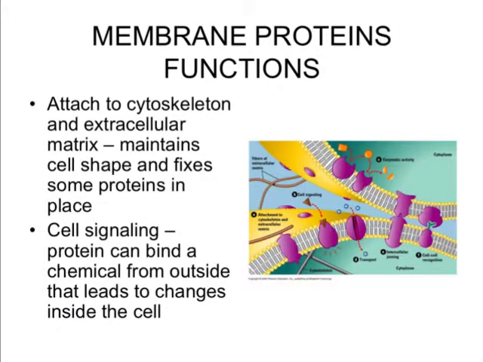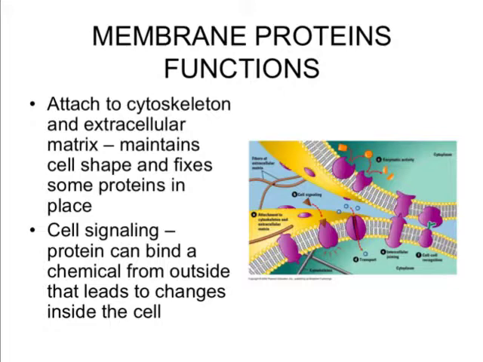There are many different types of membrane proteins with many different kinds of functions. One type of protein is going to attach itself to the cytoskeleton on the inside of the cell, and extracellular matrix fibers on the outside of the cell, so that the cell will maintain its shape and stay fixed in place wherever it is in the body.